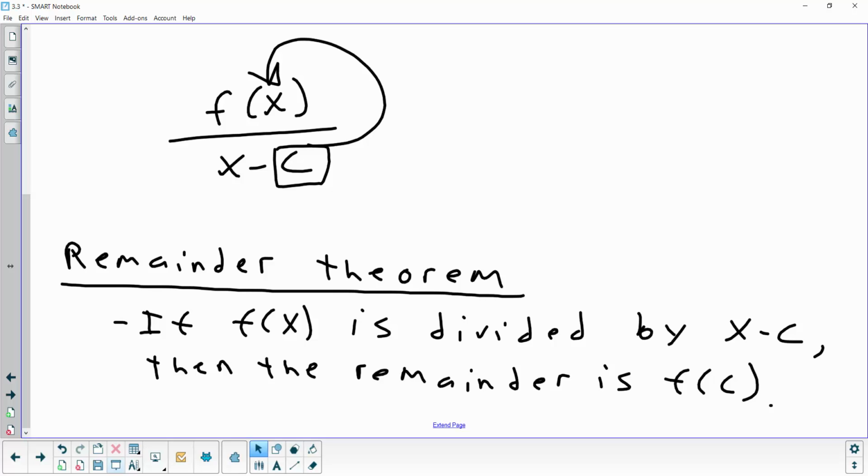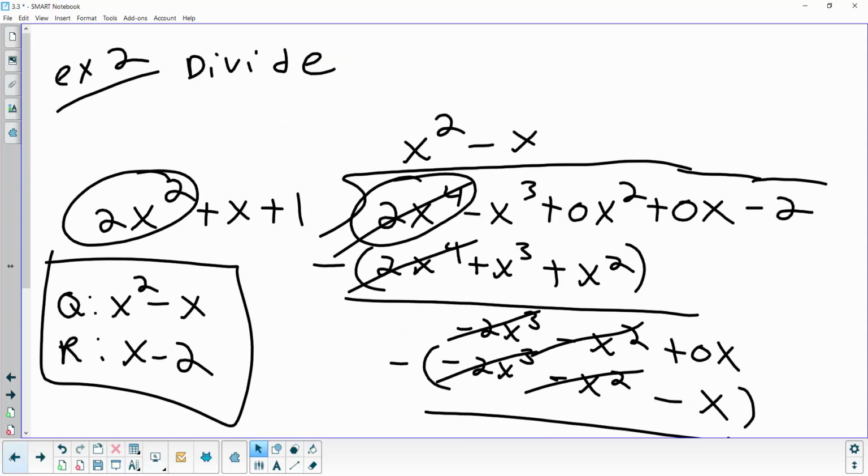But we did a problem like this earlier on. So let's go back and try this theorem. So remember, you have to have a divisor that's x minus a number. Is my divisor in example 2 x minus a number? You said your divisor, right?